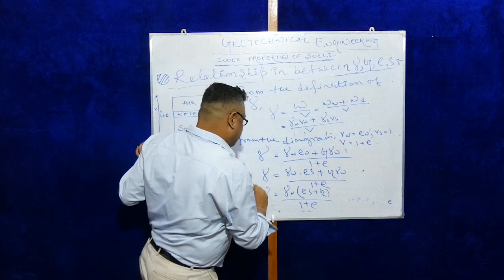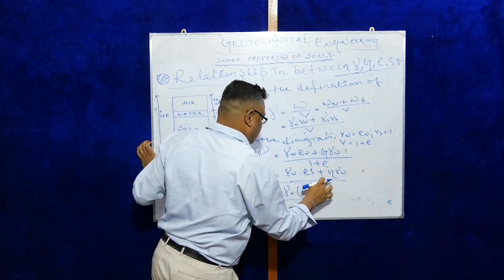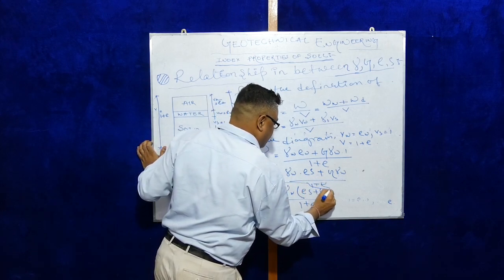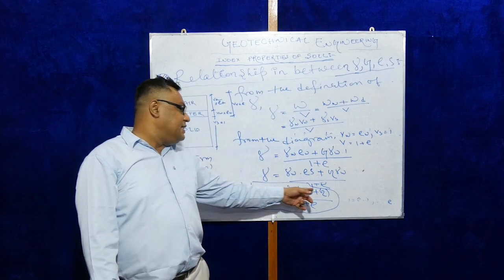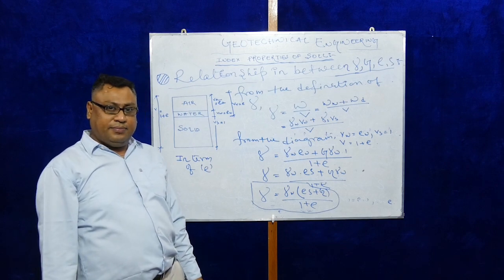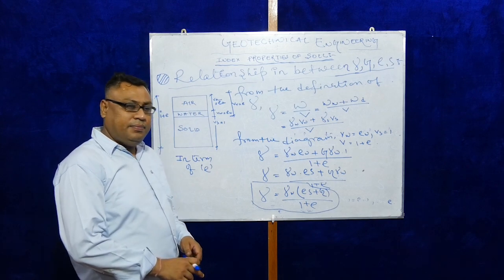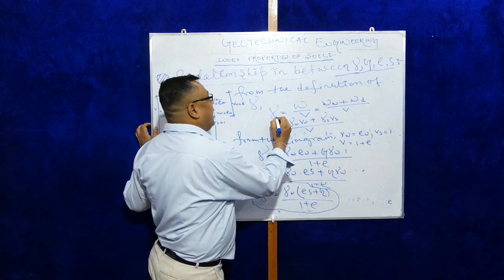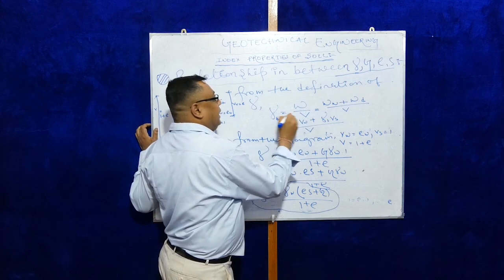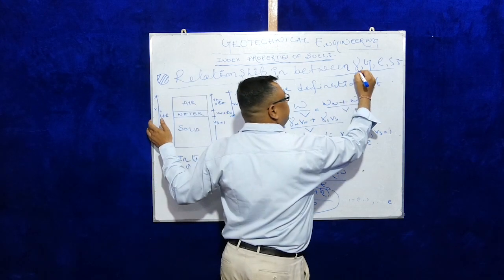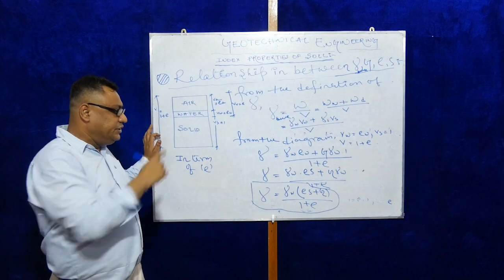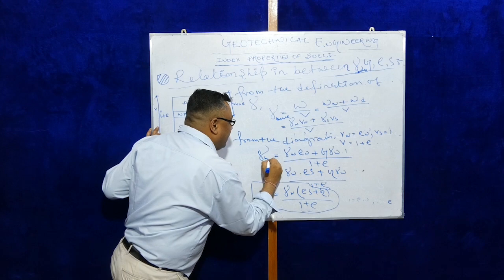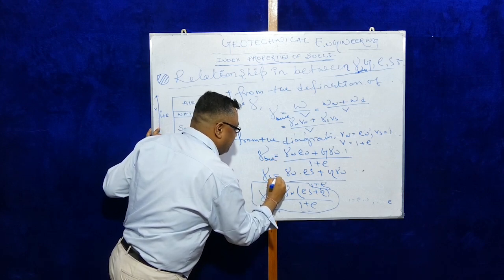This is the relationship between gamma, G, E and S. Right? Maybe this term we can write as gamma bulk in place of gamma. The relations are the same for gamma and gamma bulk.